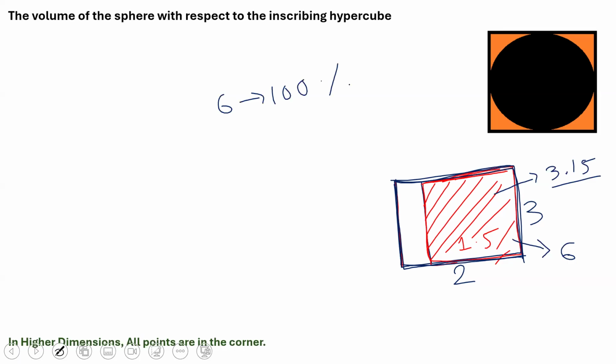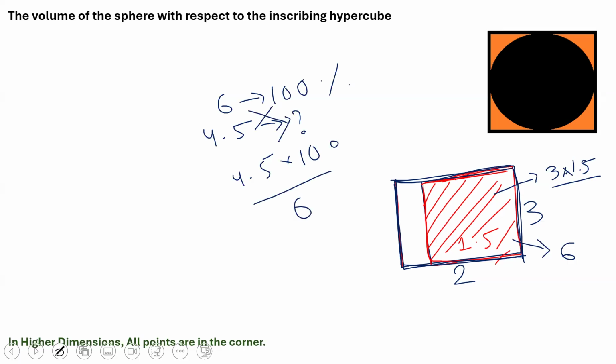Right now we want to calculate 3 into 1.5. How much does that become? 3 into 1.5 is 4.5, right? How much percentage is this? That is what we have to calculate. So we will calculate 4.5 into 100 by 6.